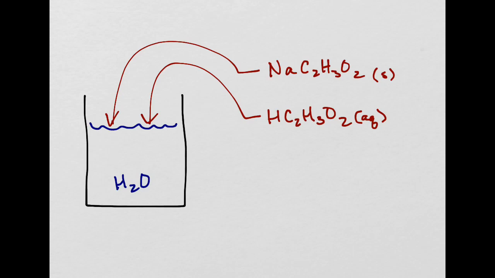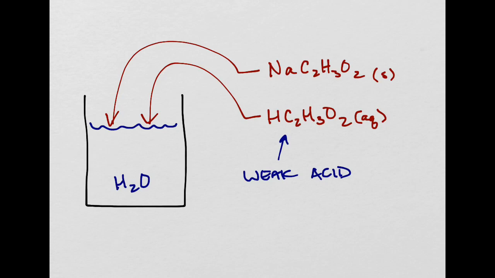What's vital for you to understand here is that acetic acid is a weak acid. In that it's a weak acid, it mostly likes to stay as HC2H3O2. It doesn't really like to dissociate to form the hydronium ions and the acetate ions, and that's a very important thing.